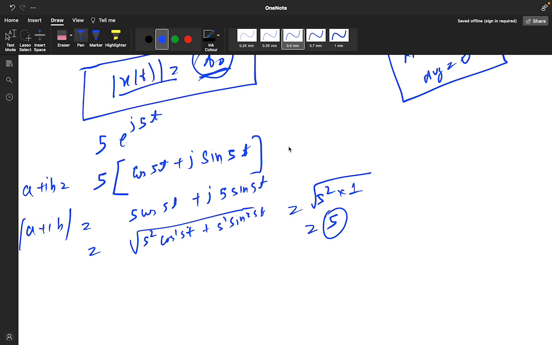Is it correct? So tan inverse b by a you will get. So angle will come omega naught t only, because tan will get cancelled out. You will get sin 5t by cos 5t, which is tan 5t, and tan inverse tan will get cancelled out. Right or wrong?